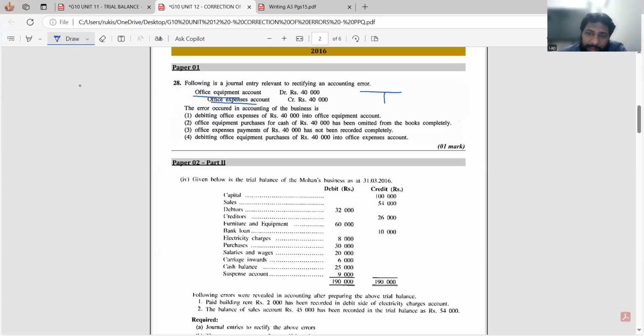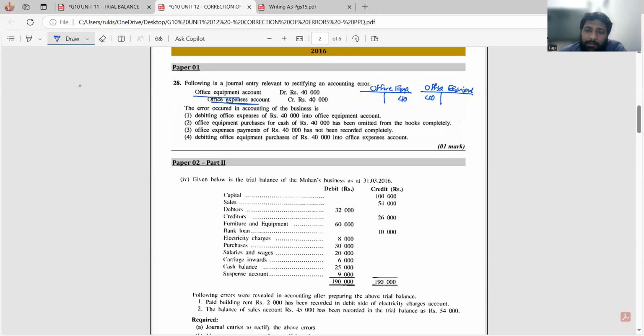So office expense is an expense account, but they have credited that account, the office expense. And they have debited the office equipment account. So probably what would have been the reason for this?